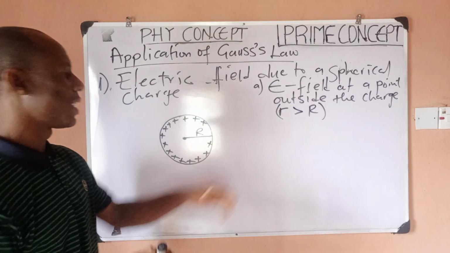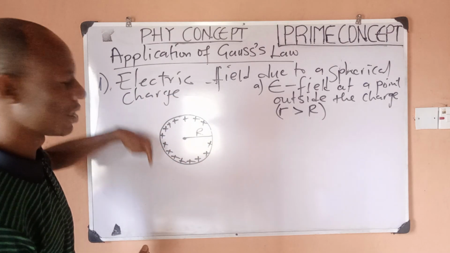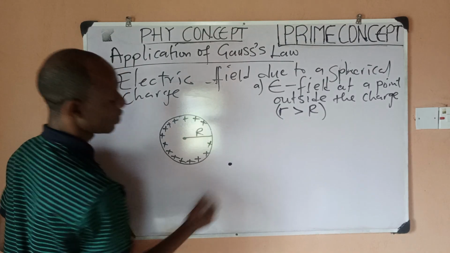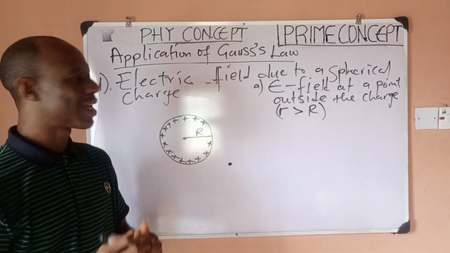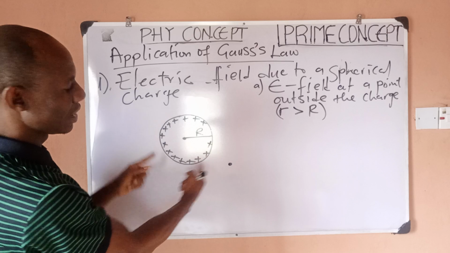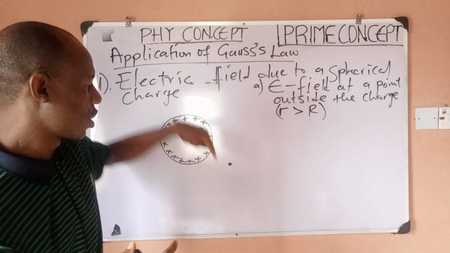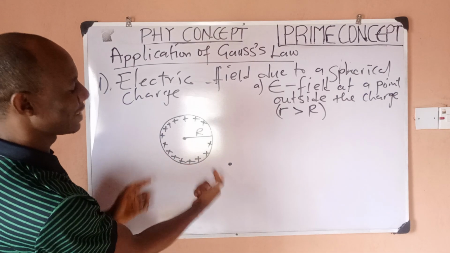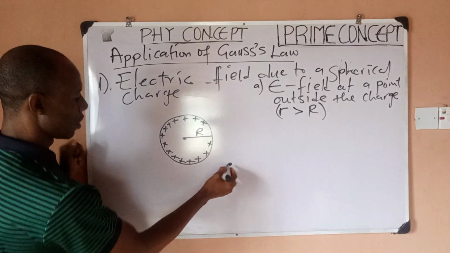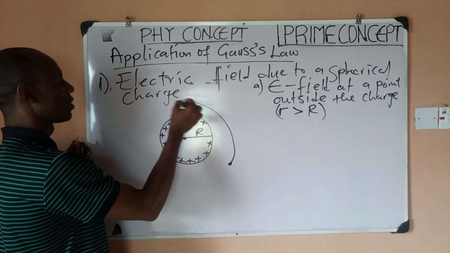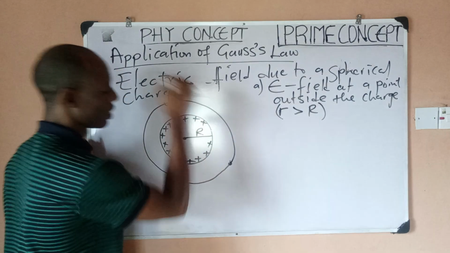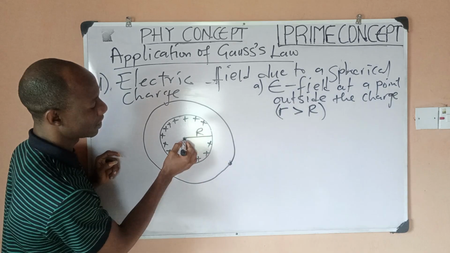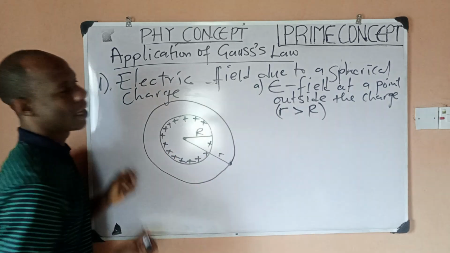Now, if we want to consider the electric field at a point outside the spherical charge, say we are choosing this point, right? According to Gauss law, we need to enclose this charge with a Gaussian surface. So we're going to enclose this charge with a spherical Gaussian surface, and then we can analyze the electric field at this point. So I'm going to do just that. I'm going to enclose this charge like this with a spherical surface, so that the radius of this spherical surface is the distance from the center to this point, which is small r.